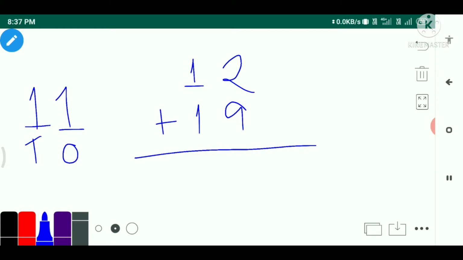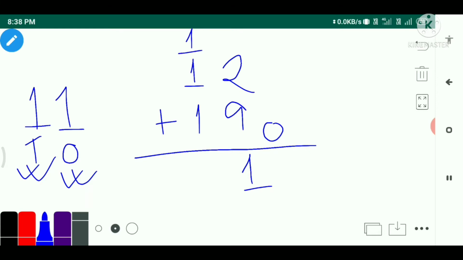The number in ones place, we will place here because this is the place for ones. Now the number that stands in tens place, we'll send it to the tens place value.